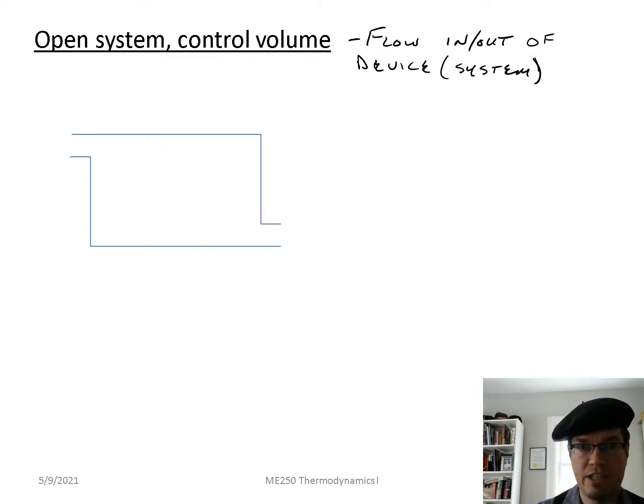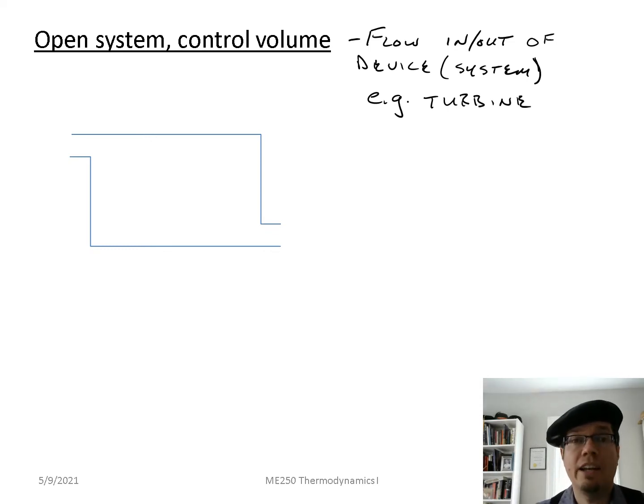A quintessential example of this would be a turbine, or a mixing chamber, or a heat exchanger, anything where you've got flow. So a typical schematic is this box with one inlet and one outlet.